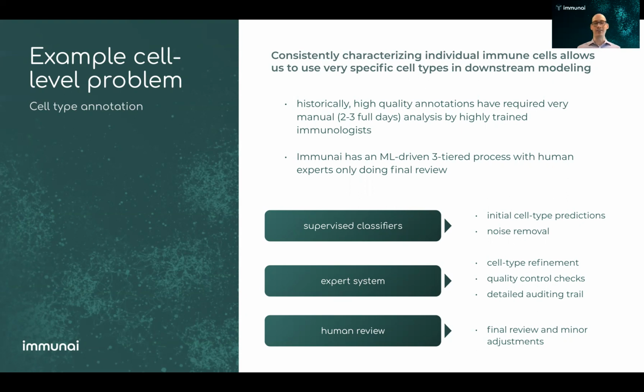And then finally, on top of the expert system, we have the human review. Usually they're reviewing the results that our automated process has generated, making sure that they make sense, and occasionally doing some minor adjustments for project-specific cell types that we care about.